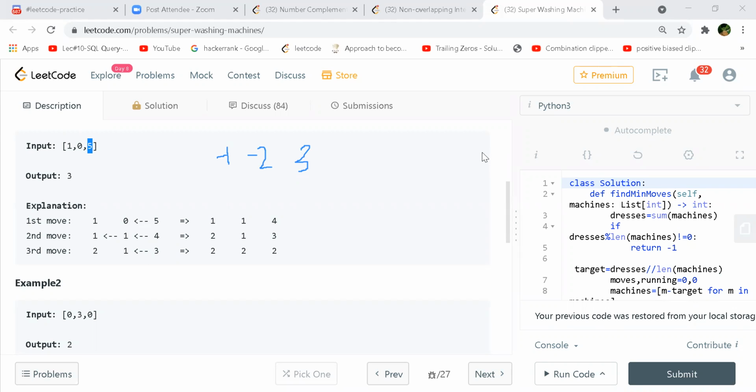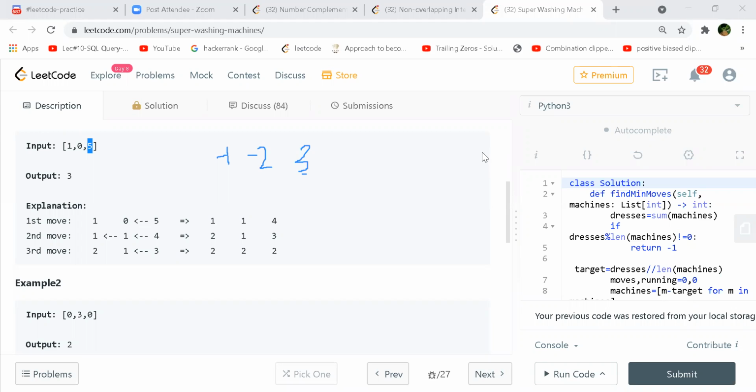Yeah, what is the surplus and how many moves we have to make? So what is the surplus in this case? 3 surplus, right? And then we have a deficit of 3. So therefore the movements will be like that, from 3 to -2.